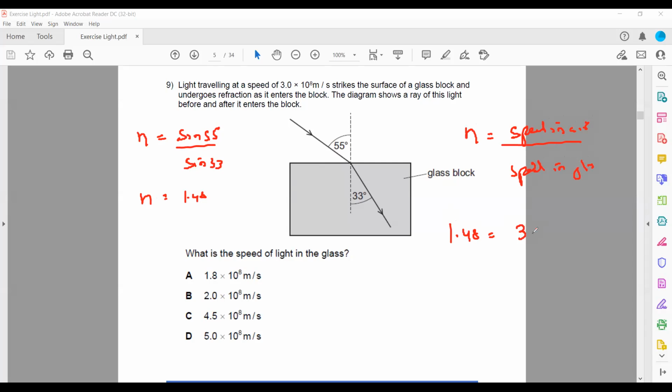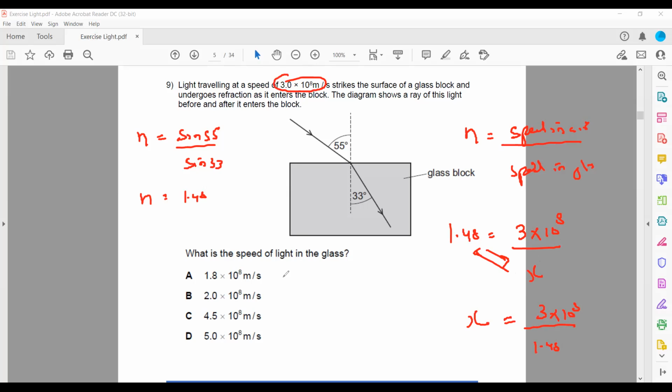The speed of the light in air is fixed, you have to remember. Some questions give this value, some questions you have to use from your side, so it's better you memorize this value. 3 × 10^8 divided by the speed of light in glass, that is unknown, or x. Cross multiply, x will move there, 1.48 will come there in division, so 3 × 10^8 divided by 1.48.